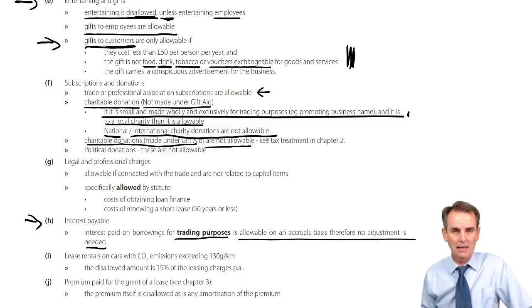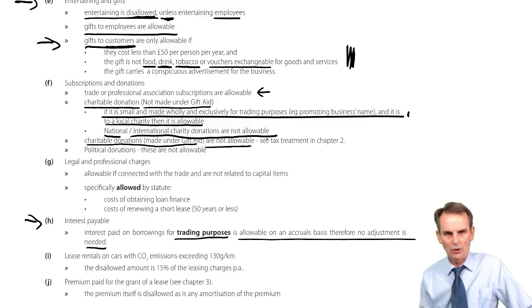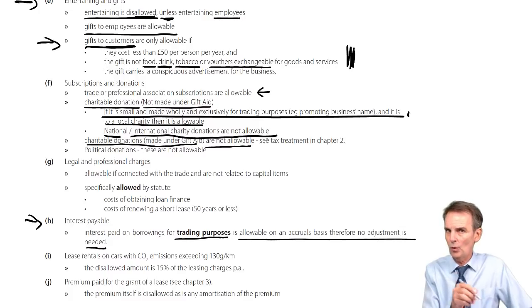You shouldn't be doing it. But if you see that in your statement of profit or loss, then if it's small and local, allow it, so zero adjustment. If it's national or international, we disallow, we add it back. And whoever it is, if it's gift aid, whether it's small and local or not, doesn't matter.